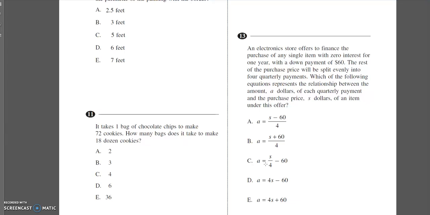Instead, they're just going to say, well, we're doing 4 payments, so we need to divide something by 4, and we're taking 60 away. So chances are they would choose C instead of choosing A. So that's the reason I like to tell them with this type of problem that what I want them to do is cover up the answers and figure out how they would work the problem, and then they can go back and look at the answers.